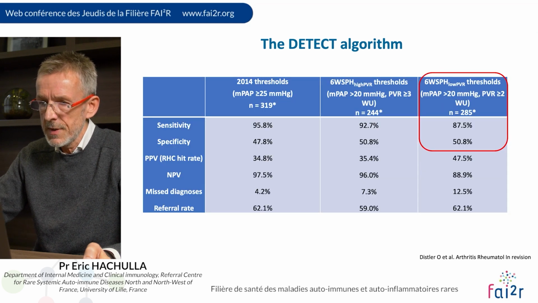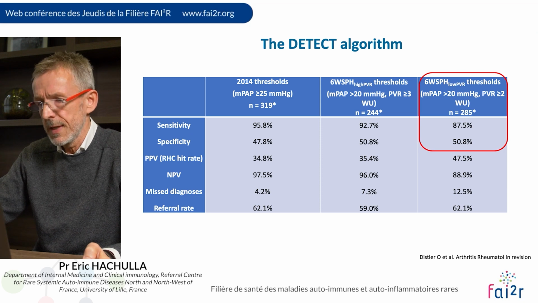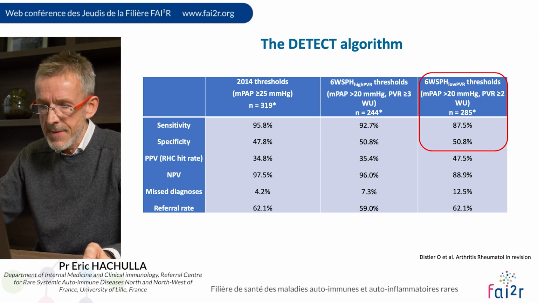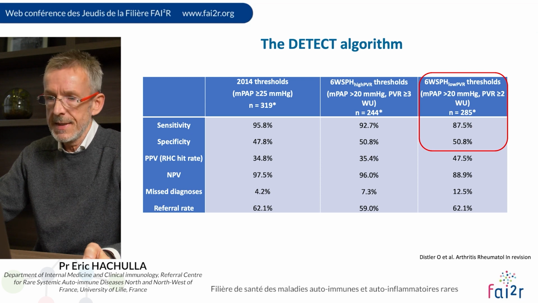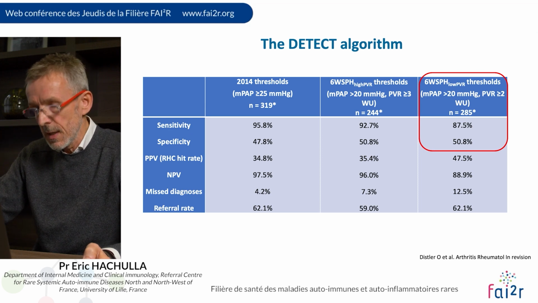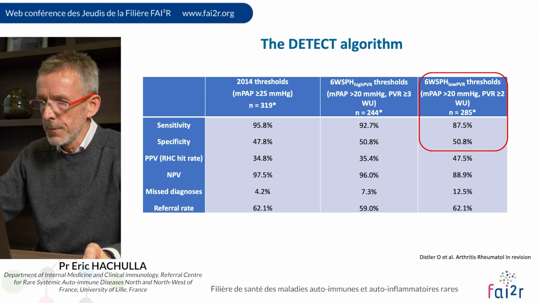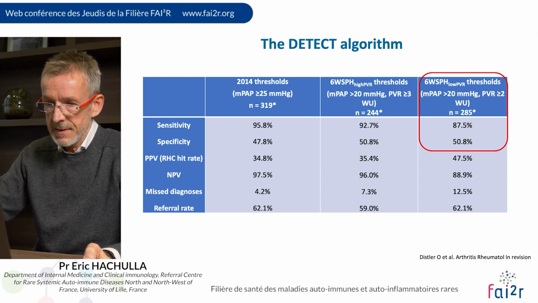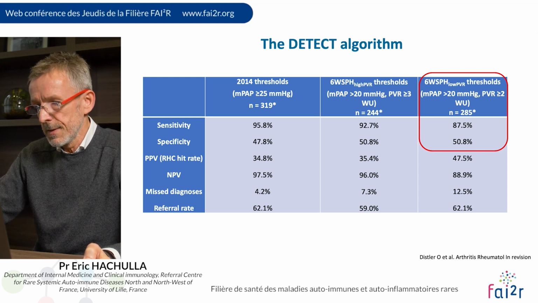Can the DETECT algorithm identify patients with 21-24 millimeter mercury? The answer is yes. We have worked the last months with Olivier going back to all the population of the DETECT study, and we have shown that applying to the DETECT algorithm the detection of patients with mean PAP above 20 and a PVR above 2, the sensitivity of the test is really good, of 87%, and specificity is 50%.